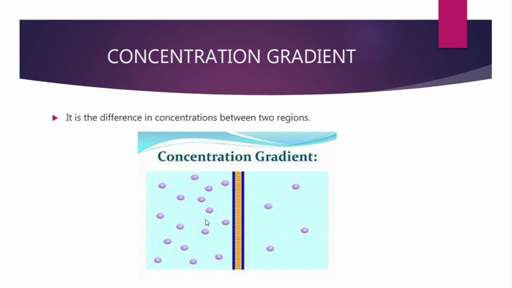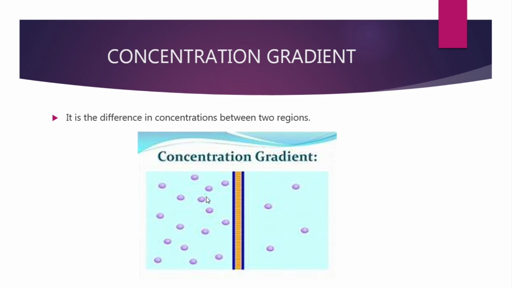And as you all know, these particles have kinetic energy inside them, so if the temperature is increased, the speed of particles will also increase, and they'll move faster and diffuse faster. And the size of particles also affects the diffusion, as large molecules diffuse slowly, but small molecules diffuse faster.